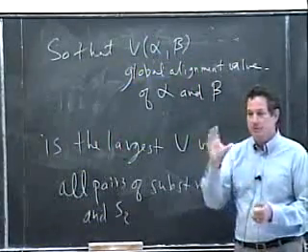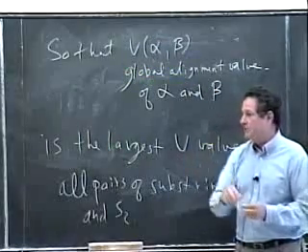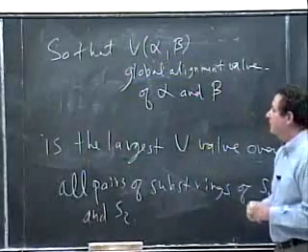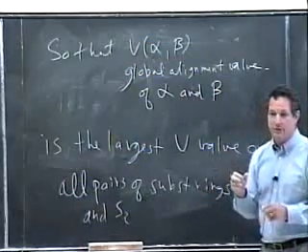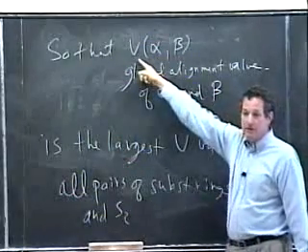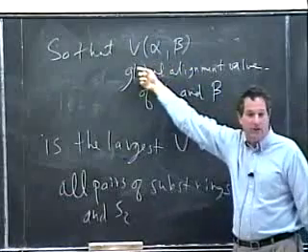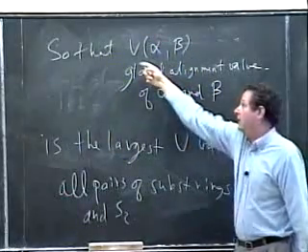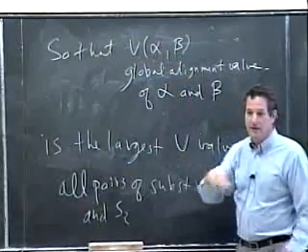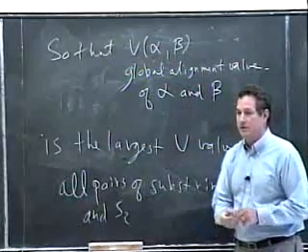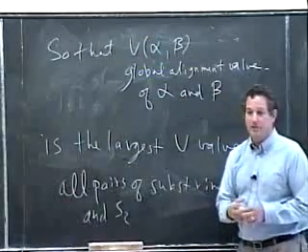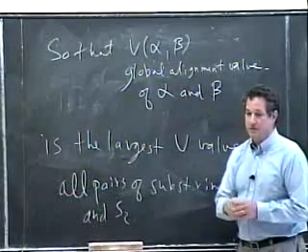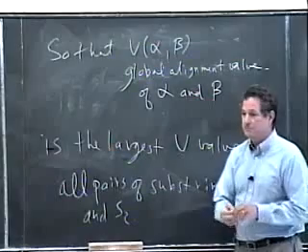And for each pair of substrings, you would call a subroutine that computes V of alpha, beta. We even have that. It's the Needleman program. You get back the value, and you look to see whether it's bigger than the previous largest, and you accumulate the largest as you go.